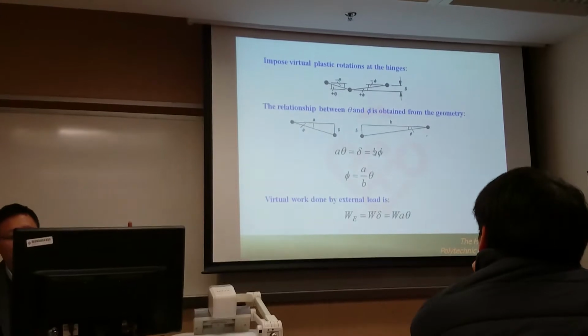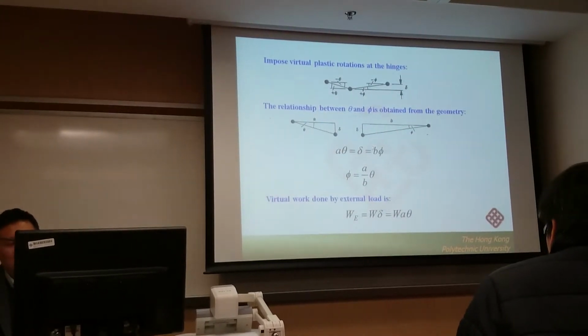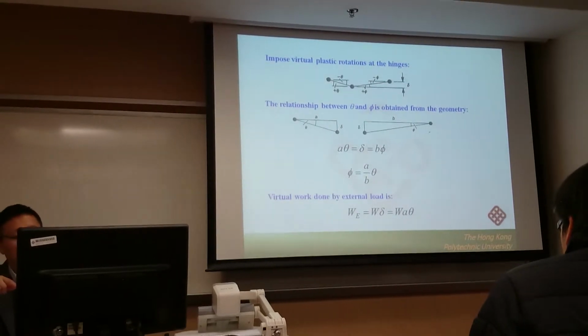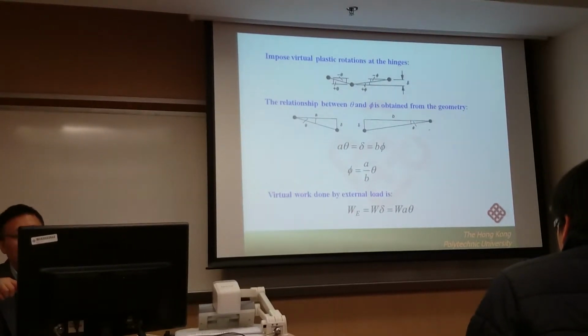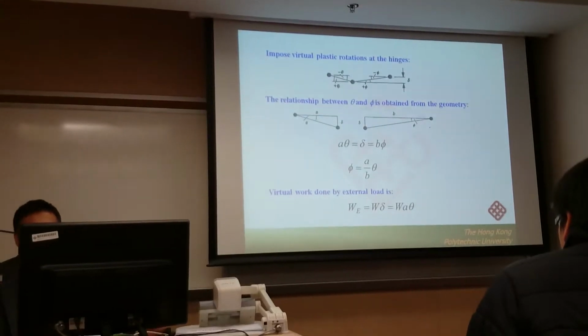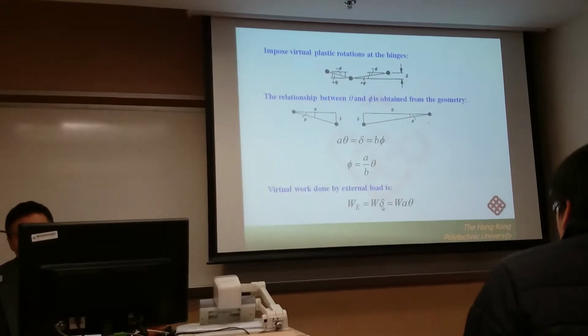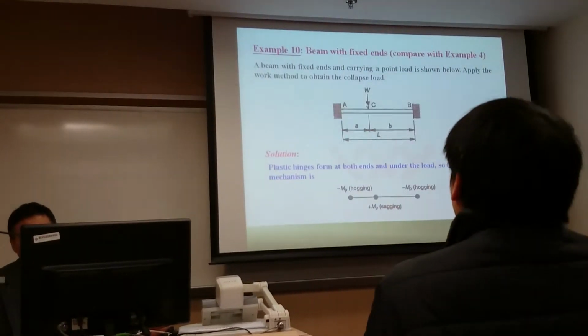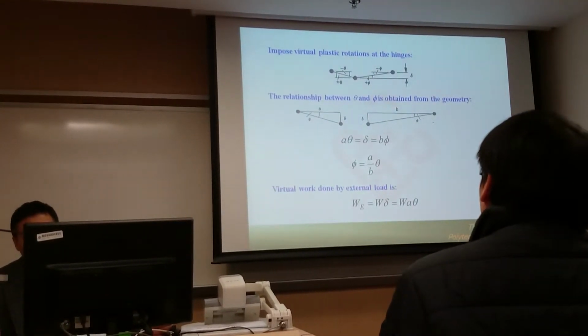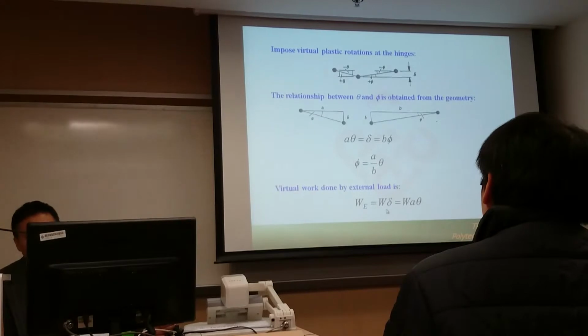Please always represent the other 2 parameters in one independent parameter. So we can obtain the external energy. External energy is equal to the force times the deflection here, which is A times theta.